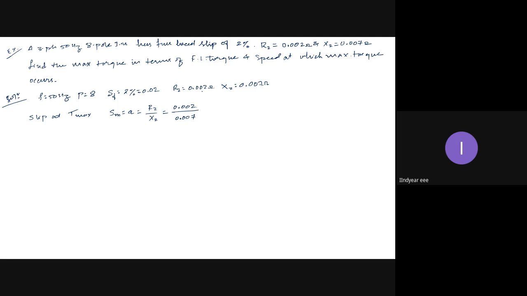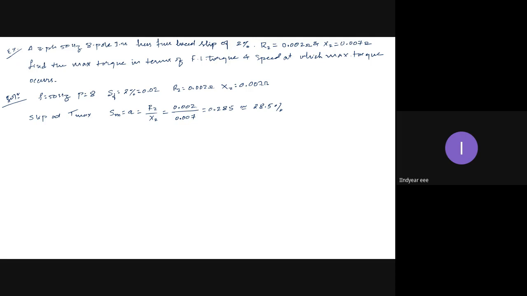So this I can write as 0.285, or 28.5%. The slip at maximum torque is 28.5%.